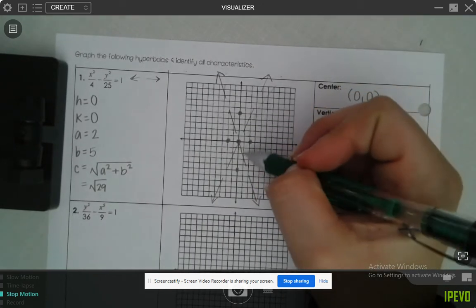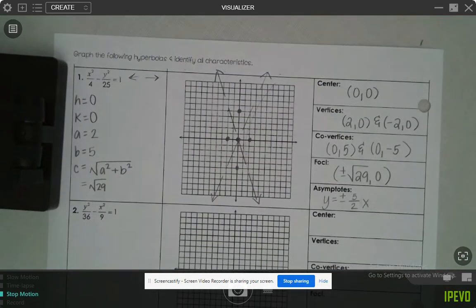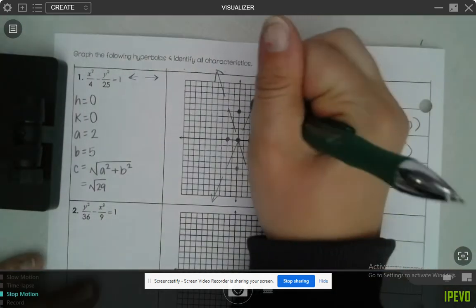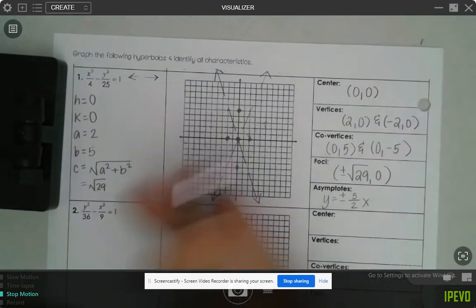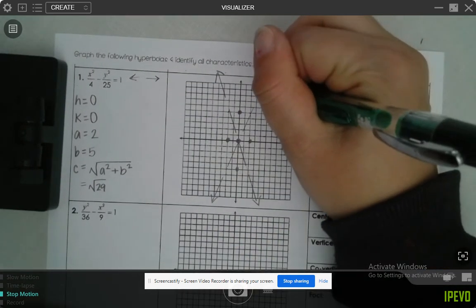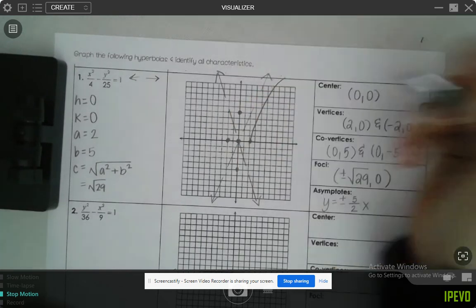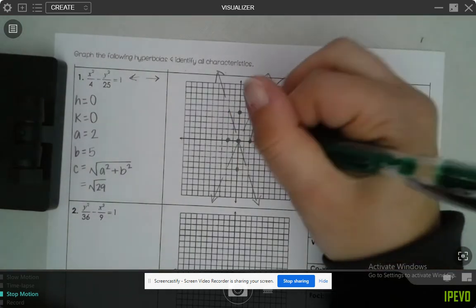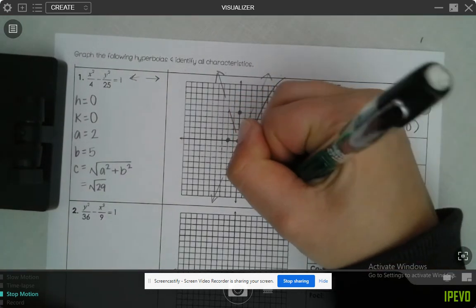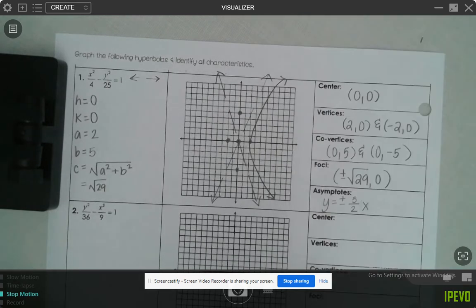If you come and do this, it's wrong. You have to have your hyperbola wrap around your asymptote, hit your vertex, and come back around.